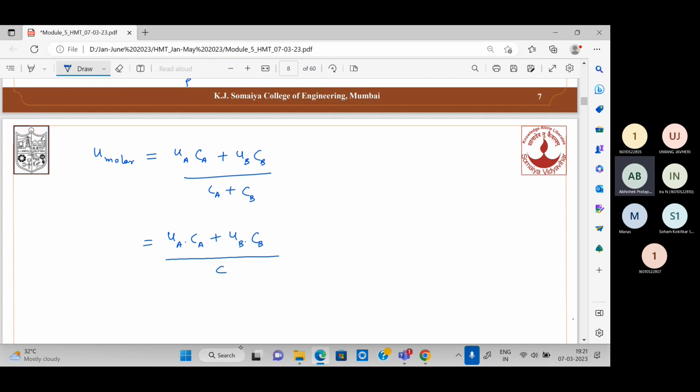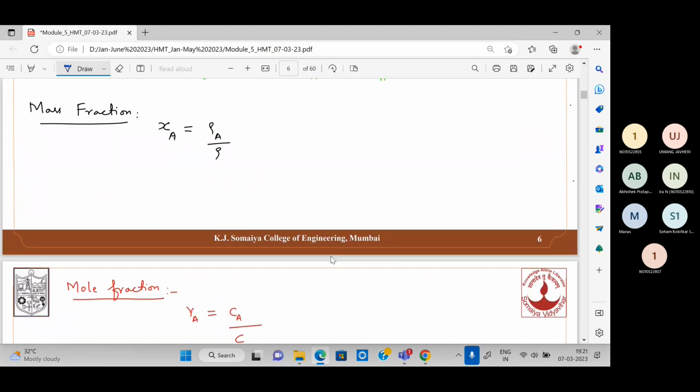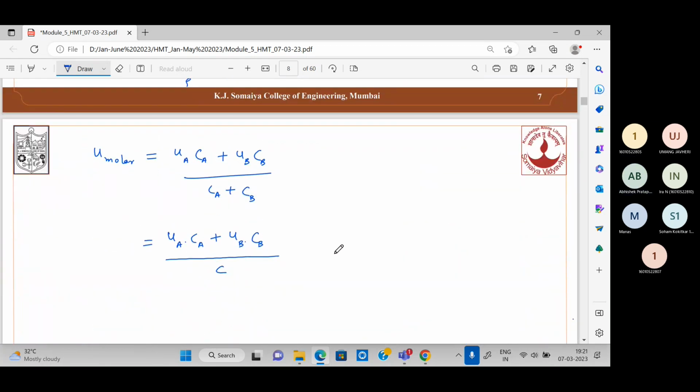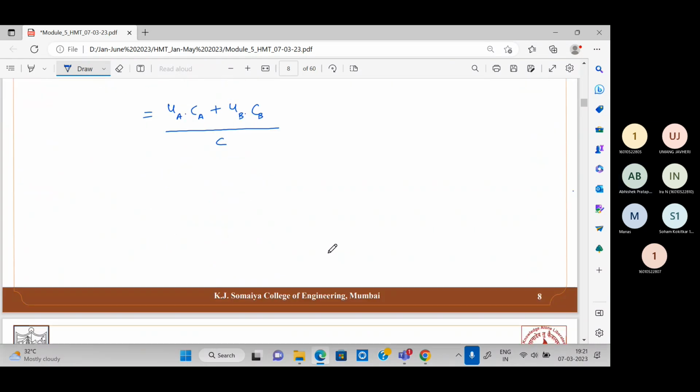Now this can be written as, for the molar average velocity, XA UA plus XB UB.